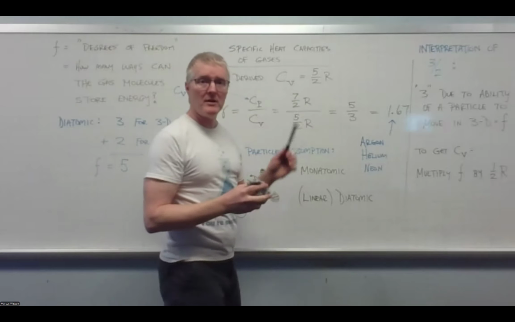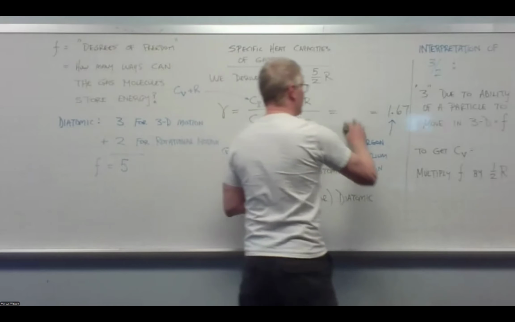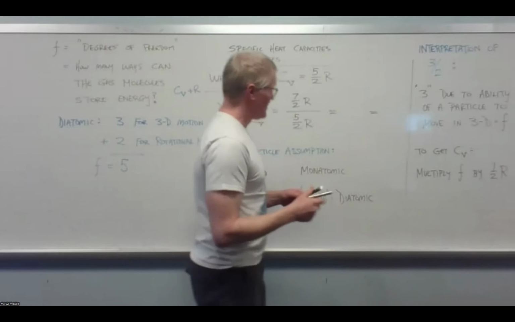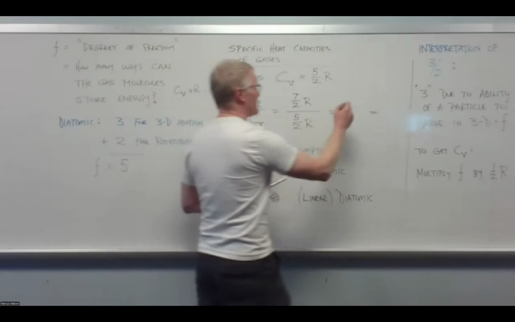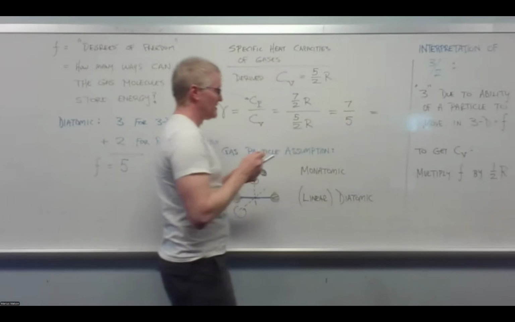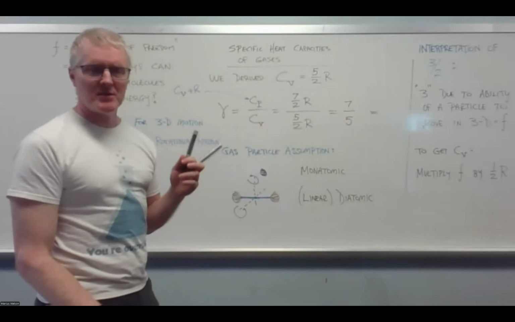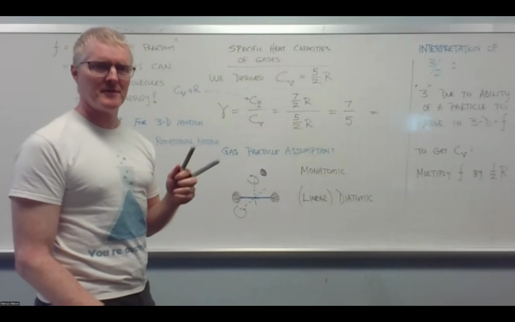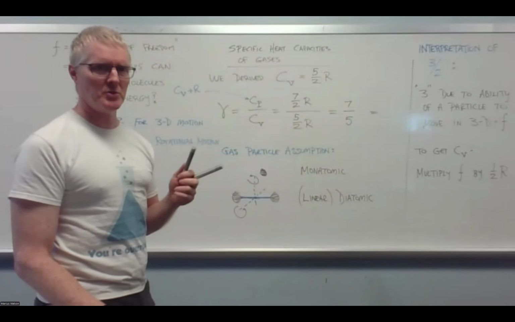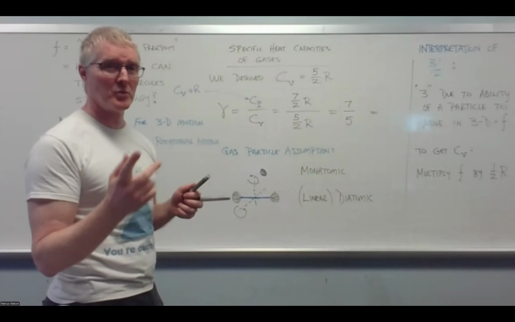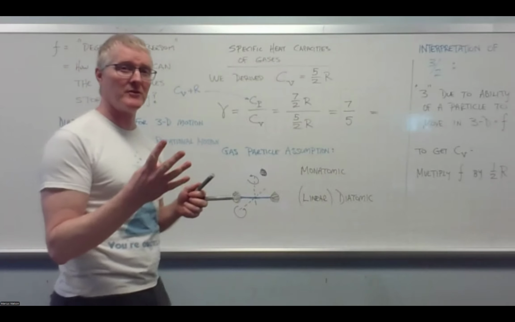And now, what is my gamma factor? Gamma factor should be 7/5, which is, wait a minute, each 1/5 is 0.2. So this is 2/5 above 1. So it's 1.2 for 1, 1.2 again.